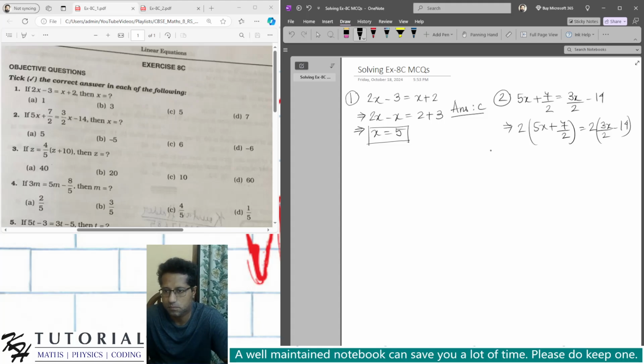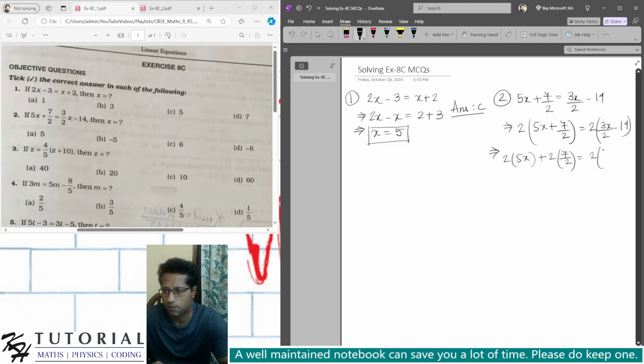Okay, now if I do the products on both sides and open the brackets, we get 2 multiplied by 5x plus 2 multiplied by 7 by 2 is equal to 2 multiplied by 3x by 2 minus 2 multiplied by 14.